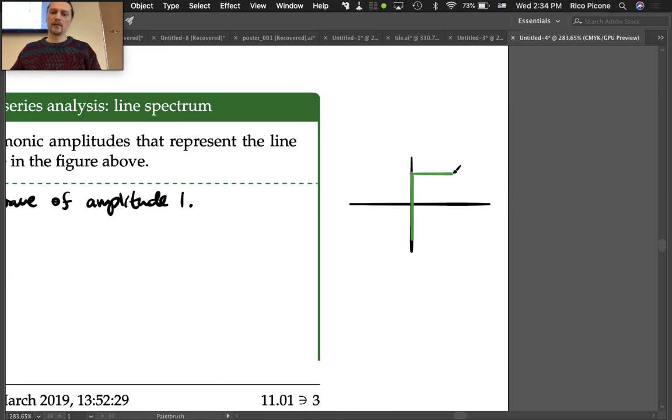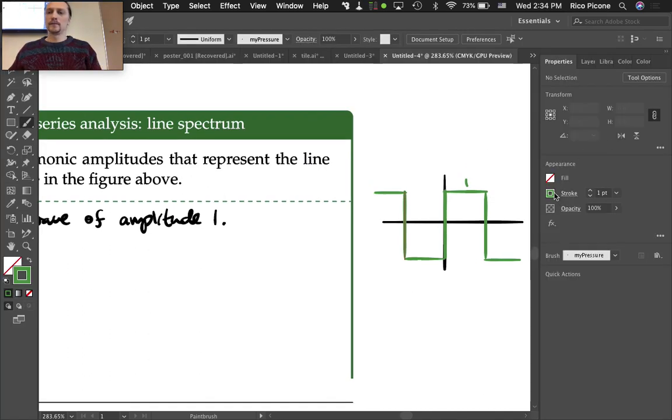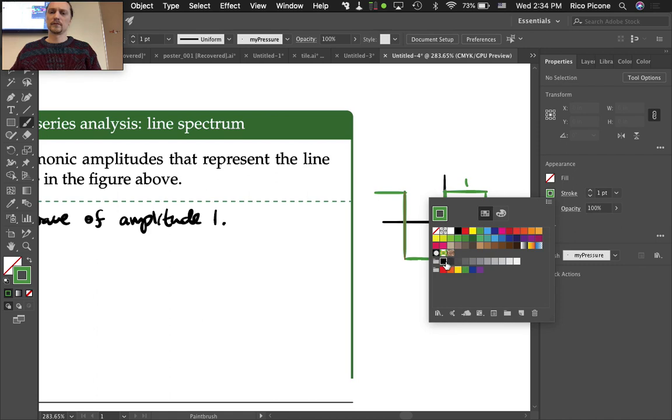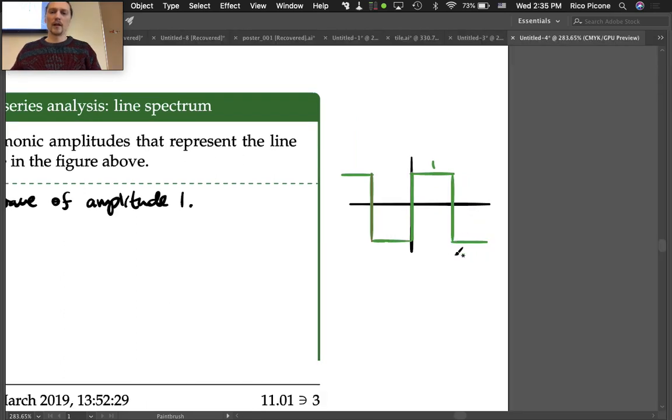This is the one that's shown in the other figure, so let's just continue with that. It has amplitude 1 and period T, so this would be T over 2, time equals T over 2, and this would be negative T over 2. And of course, we're plotting this through time.